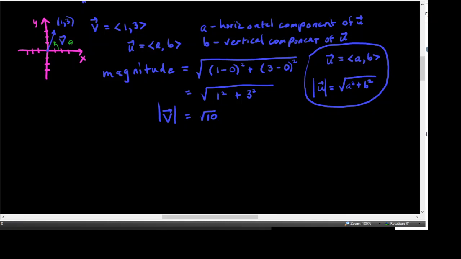Well, of course, you know it already. The tangent of angle theta is y over x. So using the terminology for vectors, that's going to be, instead of y, b, over, instead of x, a. And of course, a can't be 0 because you can't divide by 0. Okay. And that'll give you the direction angle, theta.